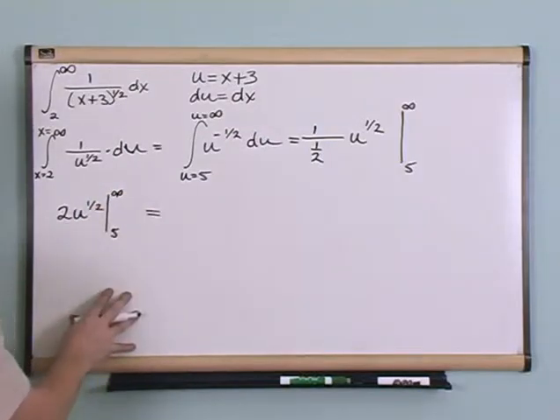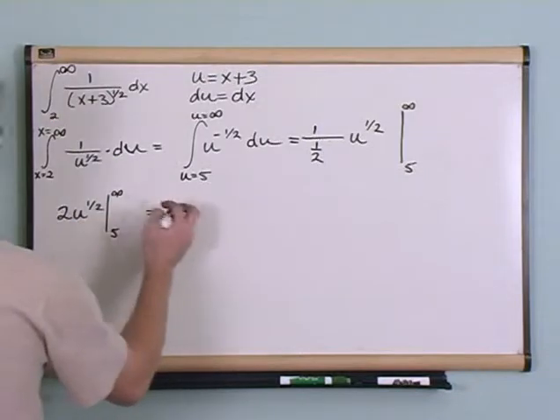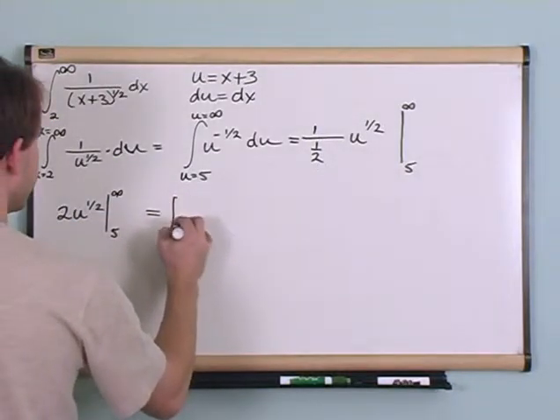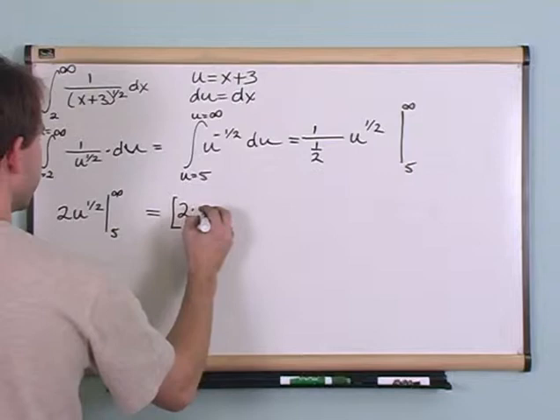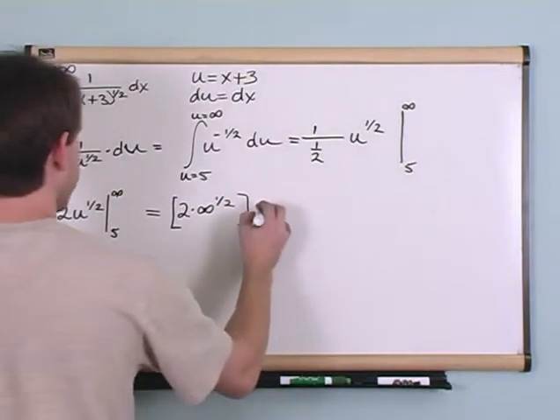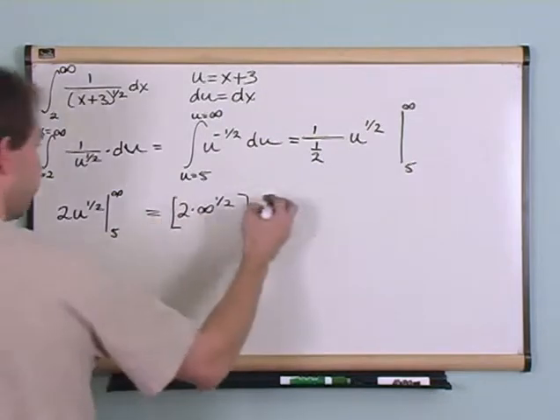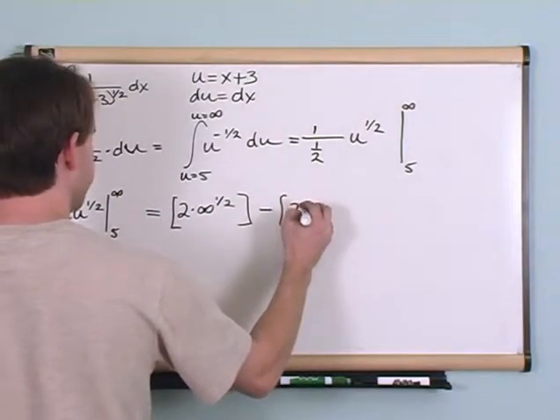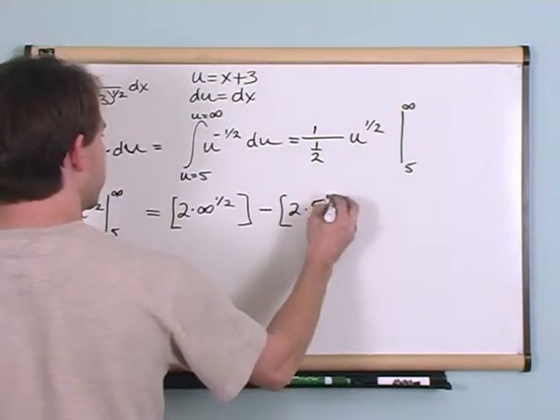So to do this, we use the fundamental theorem of calculus. We plug in the top value, which is simply 2 times infinity to the 1/2, and we subtract off the bottom value, which is simply 2 times 5 to the 1/2.